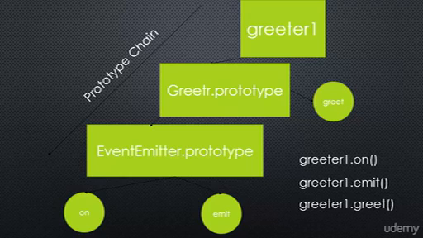This concept, then, of essentially being able to create new objects that have a combination of the functionality of one object and another object, you'll find all over inside the Node.js JavaScript core.